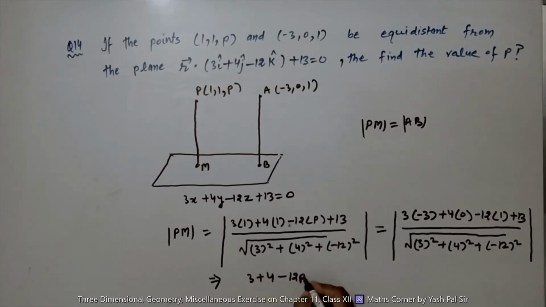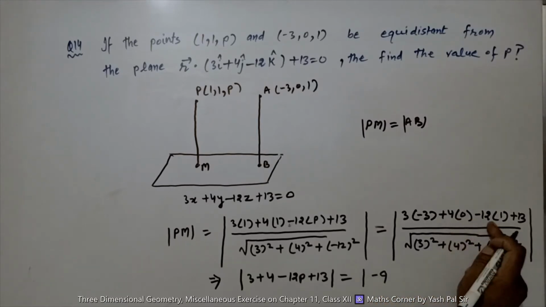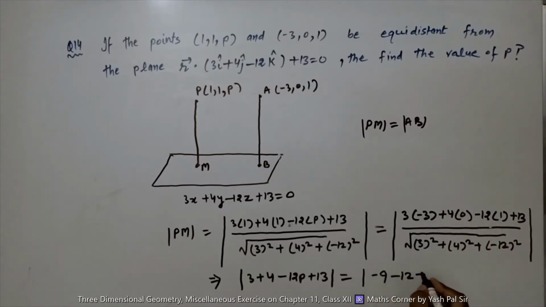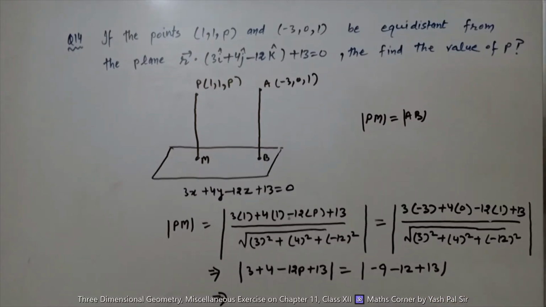This becomes 3 plus 4 minus 12p plus 13 inside the modulus sign is equal to, this is minus 9, 0 minus 12 plus 13, right?